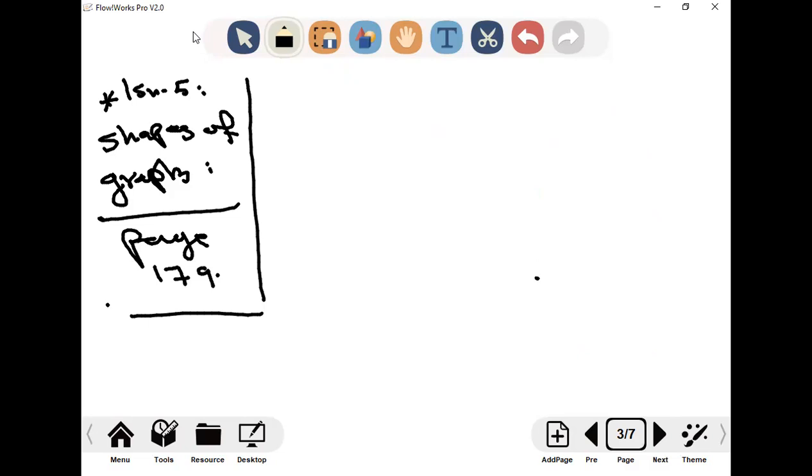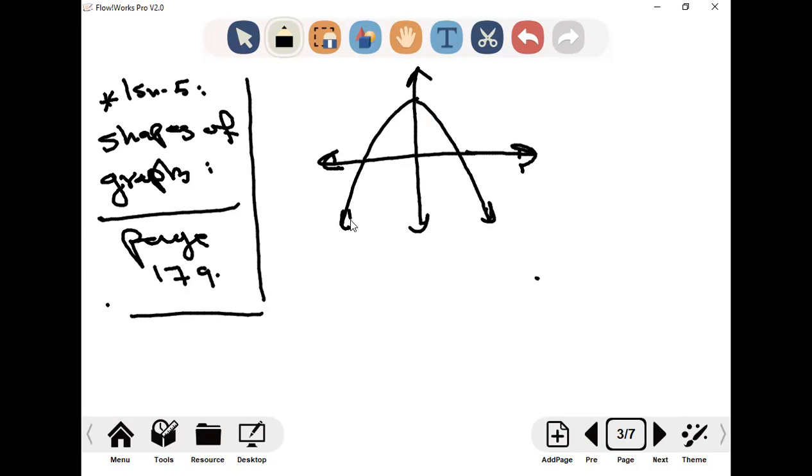For example, this graph, the first one, something like this. Right? Now this line here, which is the y-axis already, is what? Line of symmetry. Why? Because the left and the right are the same, not equal.